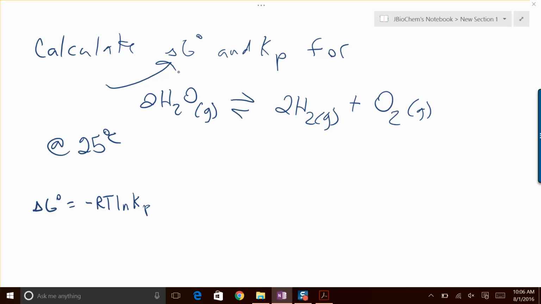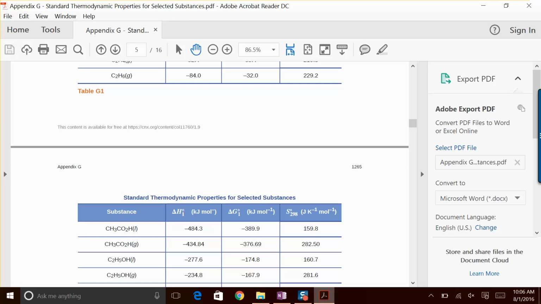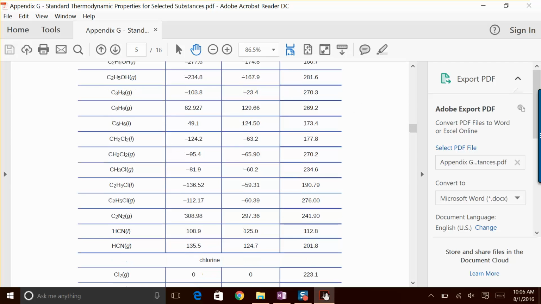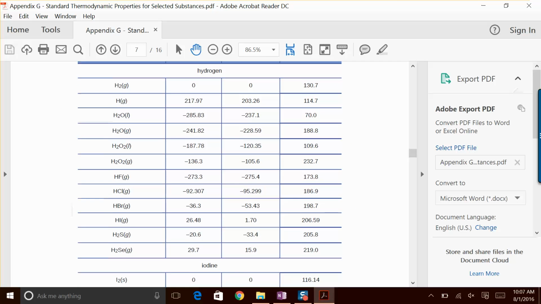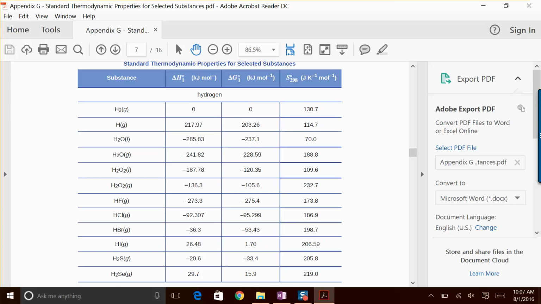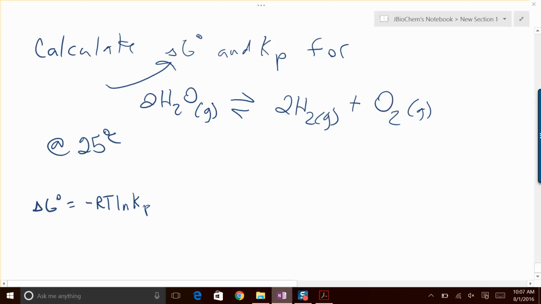How do I find delta G? We did the very first thing we did. Yes, products minus reactants. I need to go to my chart and find the delta G of formation for water in the gas phase. Negative 228.59.